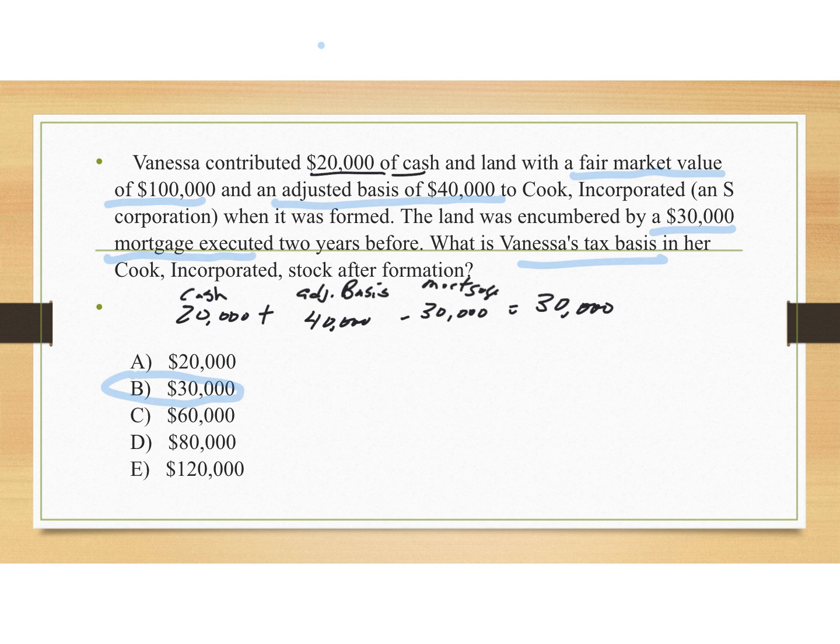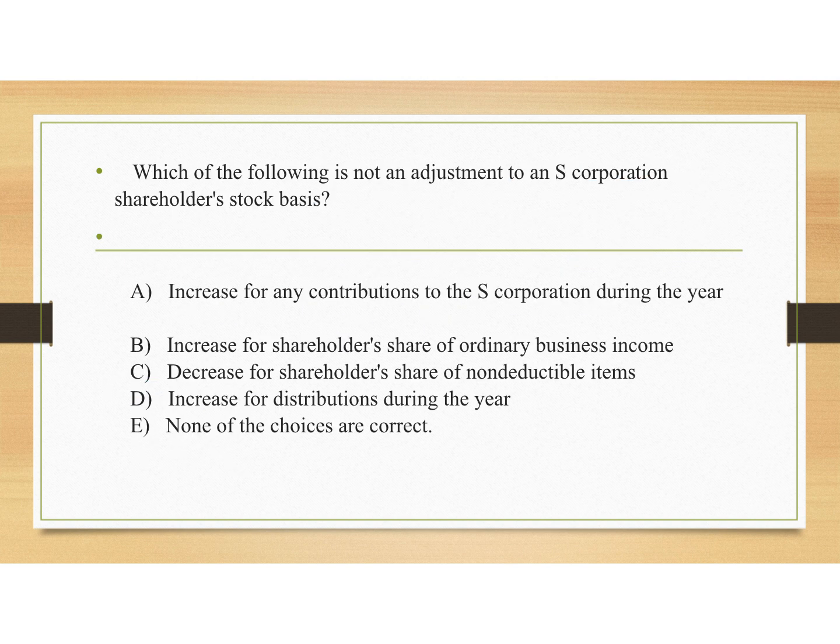All right, so which of the following is not an adjustment to an S corporation shareholder's stock basis? Do we see an increase for any contributions to the S corporation during the year? Yes, we do. Again, this is which one is not. Do we increase for their share of ordinary business income?